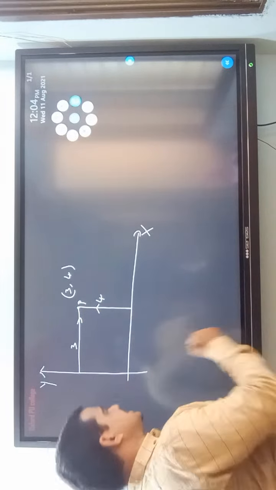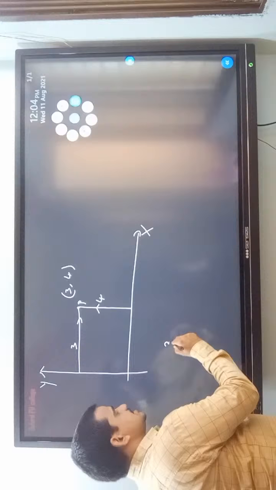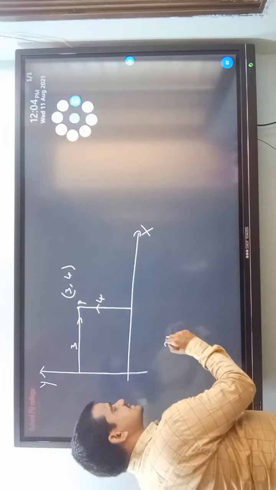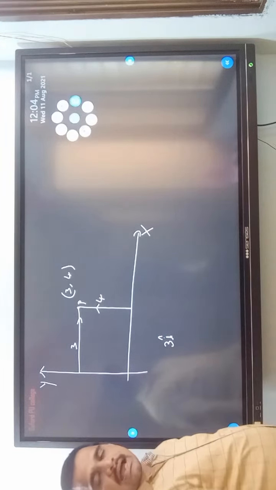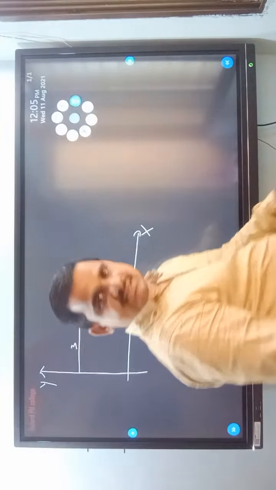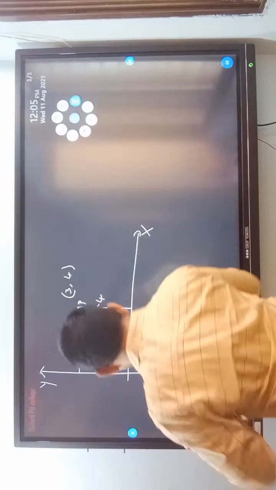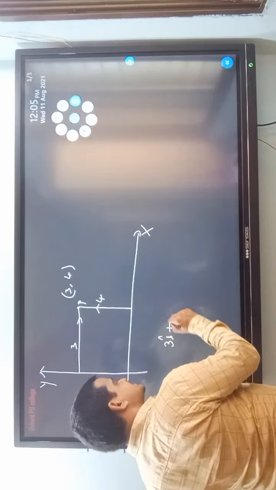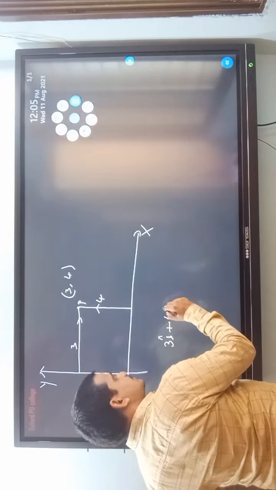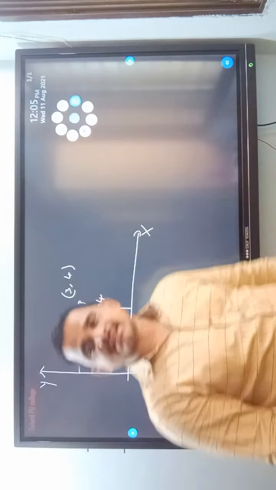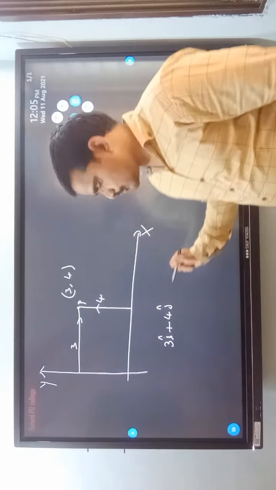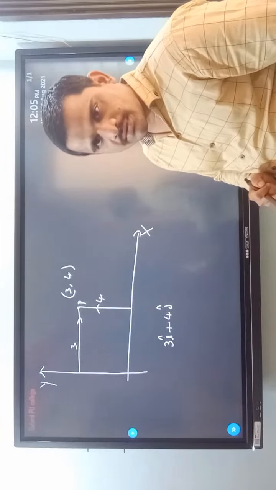The x-axis I will take as i cap; i represents the x-axis, and j represents the y-axis, so 4 meters in the y-axis.